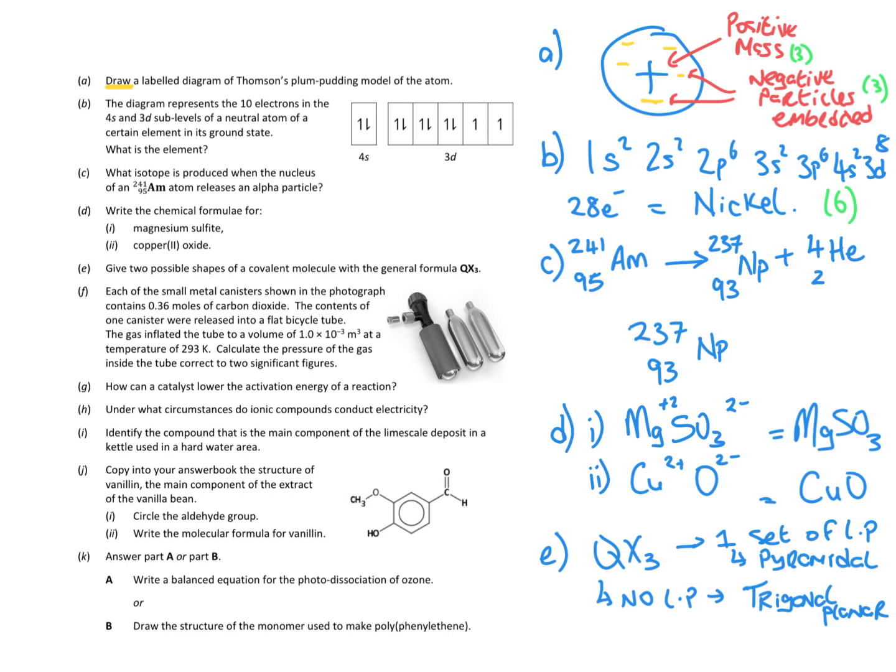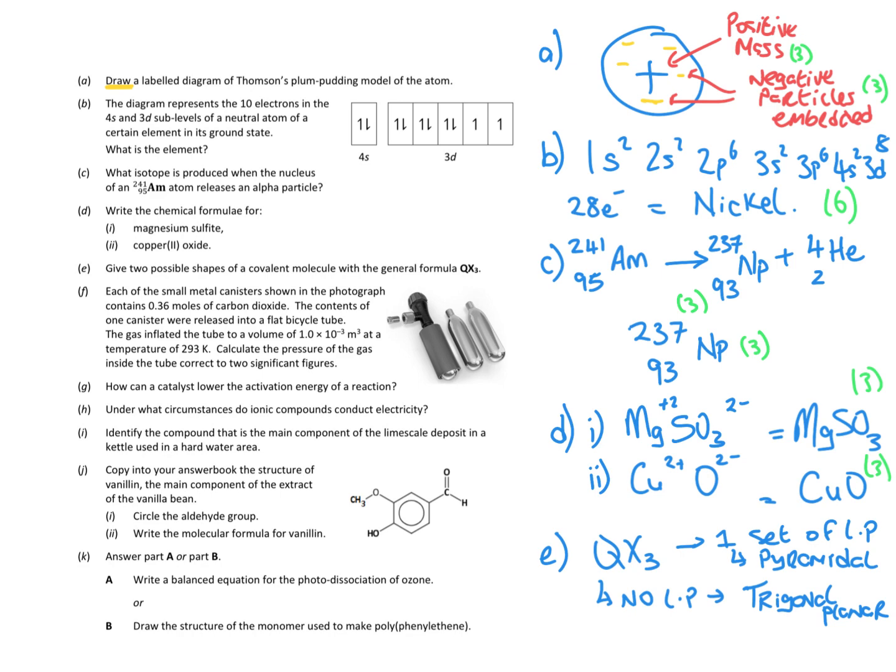For your alpha nuclear reaction in part C, there were 6 marks going. There were 3 marks for your figures of 237 and 93, and 3 marks for the neptunium chemical symbol. For part D, it was 3 for the first part and 3 for the second part.